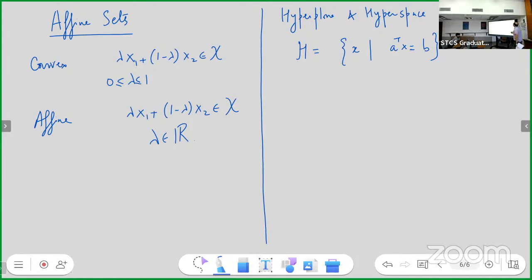So what will this a and b be called? If you're not used to it, that's okay. Not coefficients. It's telling you something. There's some geometry going on between a transpose x.